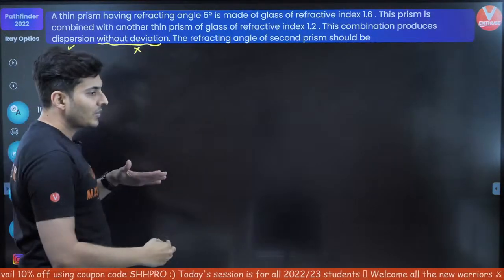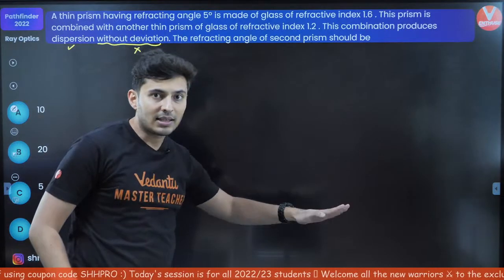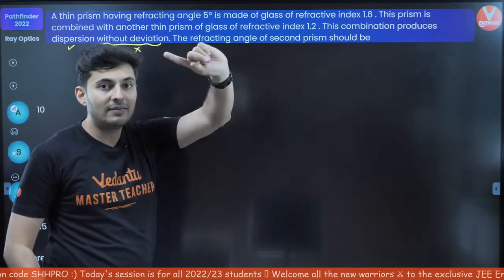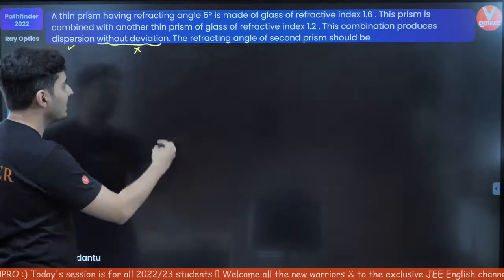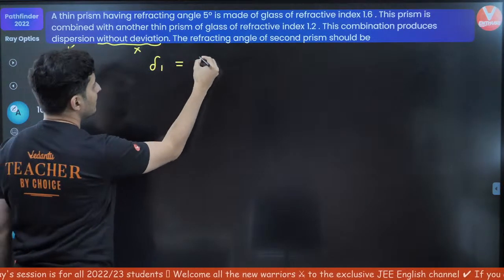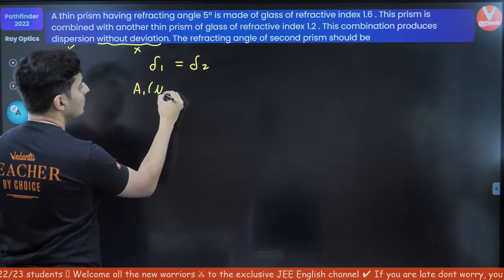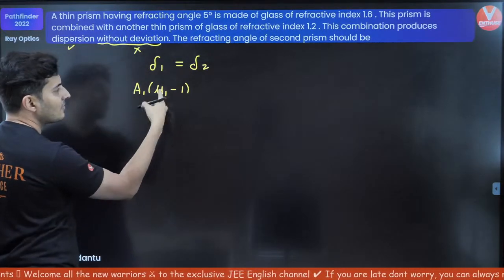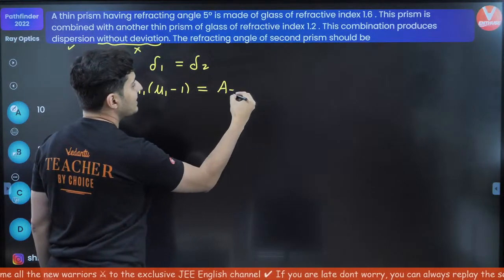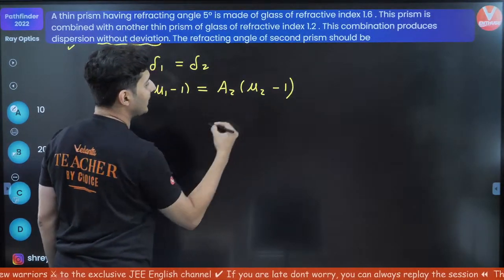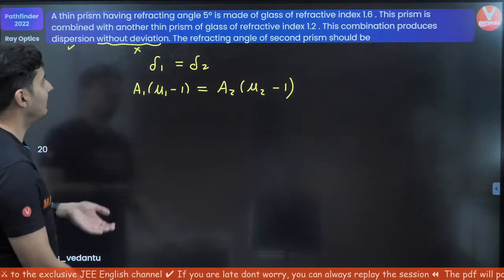That means the light which bends is bent again so that deviation is not occurring. That means delta in the first prism is delta in the second prism. Delta is A into mu minus 1. This is first prism. Delta in the second prism is A into again mu minus 1. Correct?